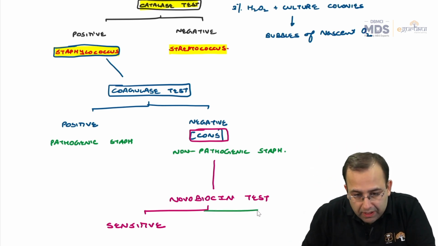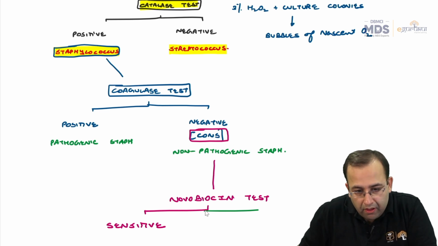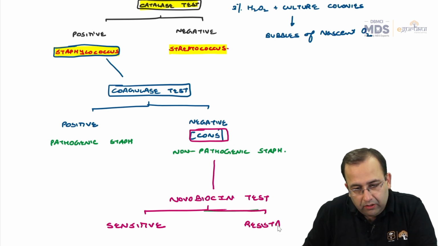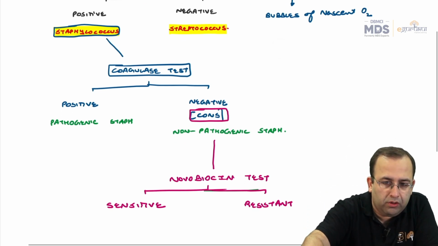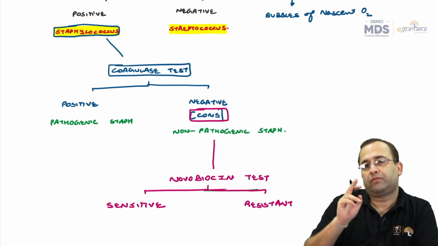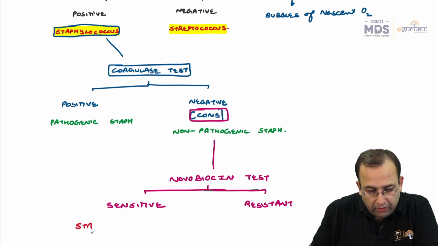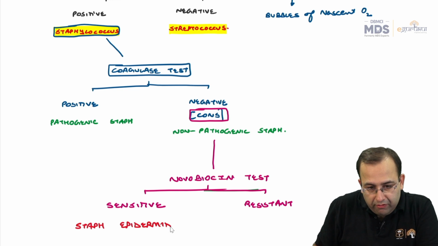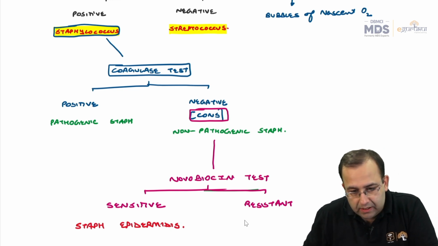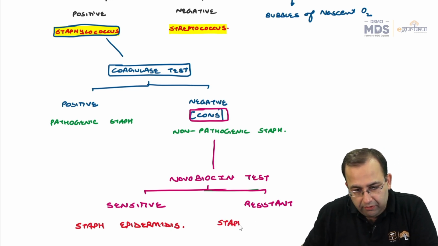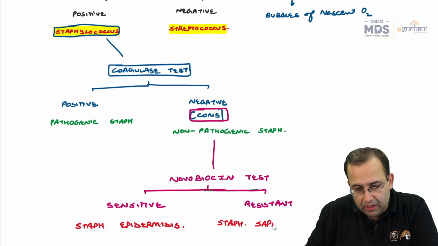Novobiocin resistant means the organism will grow around the novobiocin disc also. Novobiocin sensitive is Staph epidermidis, versus novobiocin resistant being Staph saprophyticus.